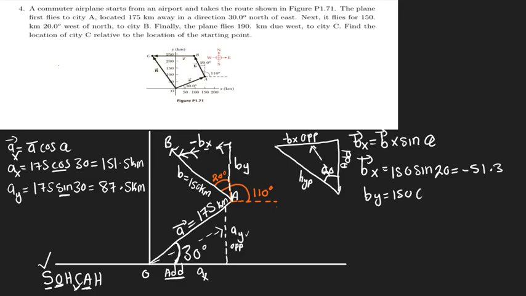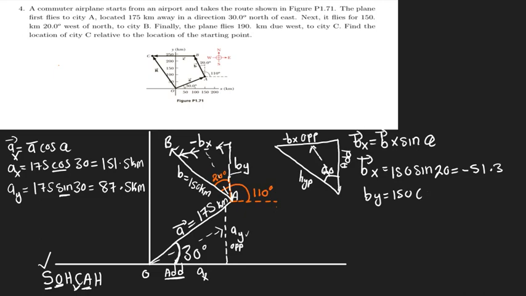Notice that the adjacent is this guy here. Okay, so like I mentioned, this is your opposite. That is why we're multiplying by b sine theta, and this becomes your adjacent.